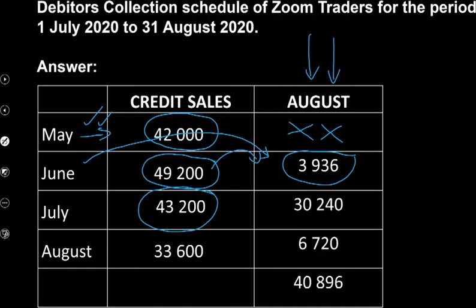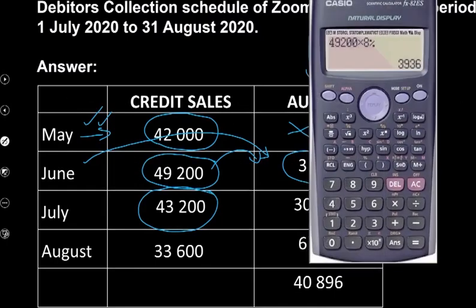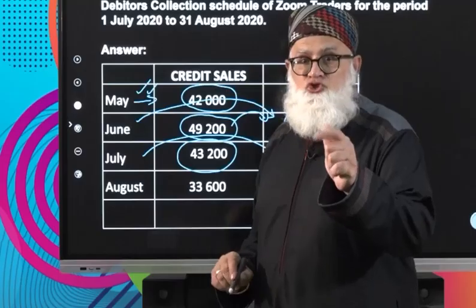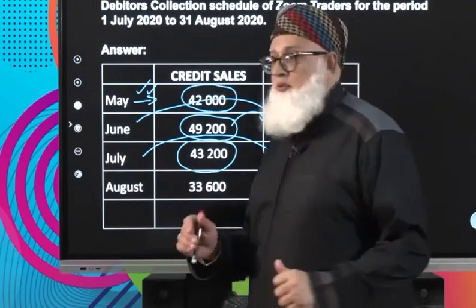Let's take the 43,200 times your 70%, and that will give you a figure of 30,240. Clearly you can see July 30,240 is now your calculation with regards to the July component.